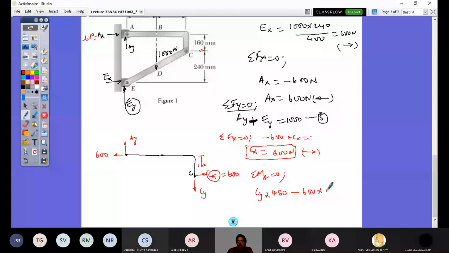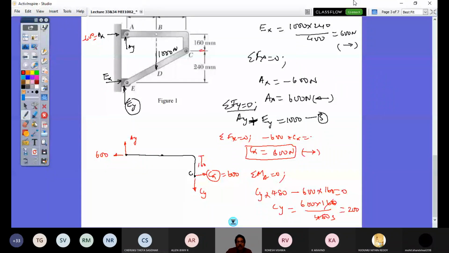Therefore, Cy is going to be 600 into 160 by 480. This is 160 by 480, so this is one third. I get the answer 200 Newton. That's my Cy, and it's positive, so the direction considered is correct, acting downward.